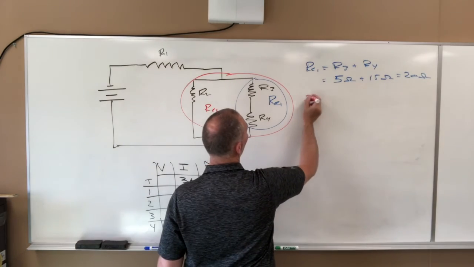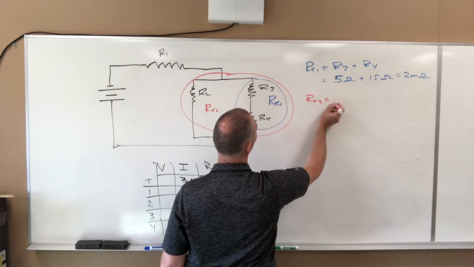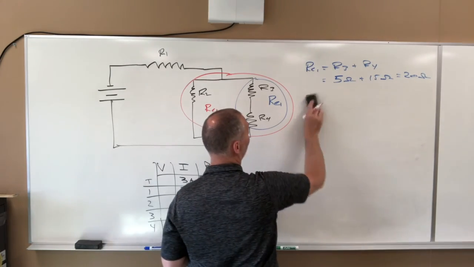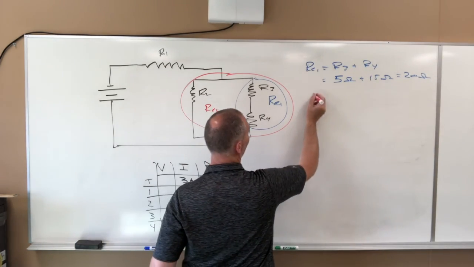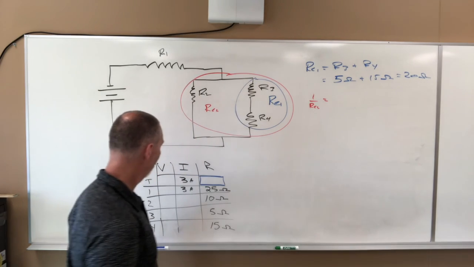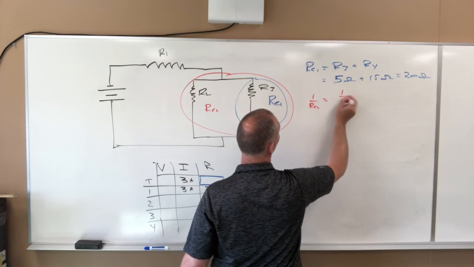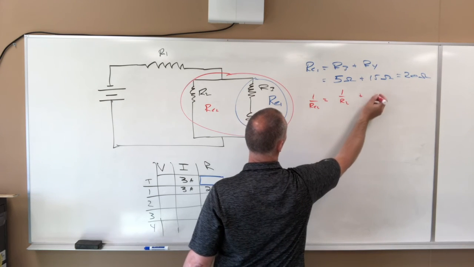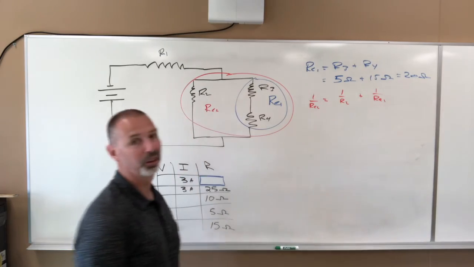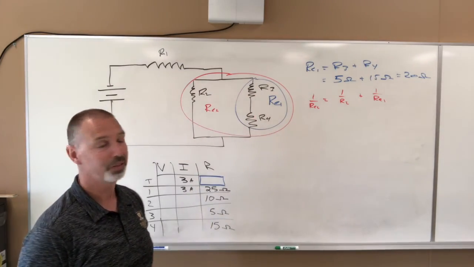Sorry, they're in parallel now, so 1 over RE2 will equal 1 over R2 plus 1 over RE1, the equivalent resistance we found for 3 and 4.